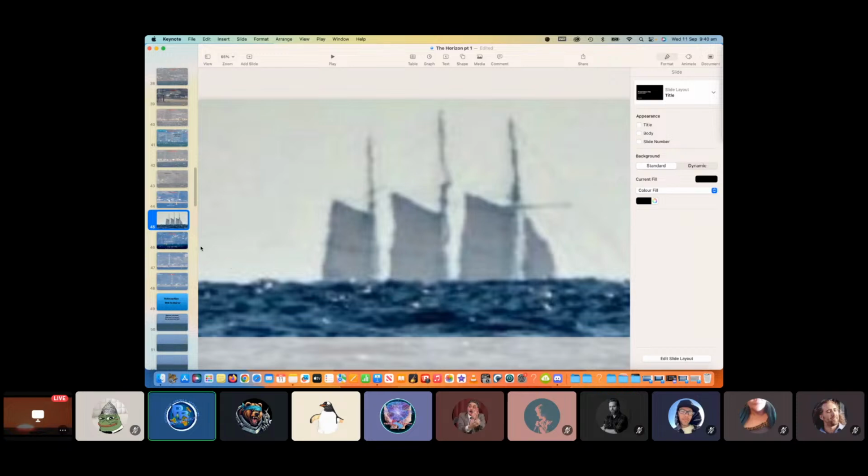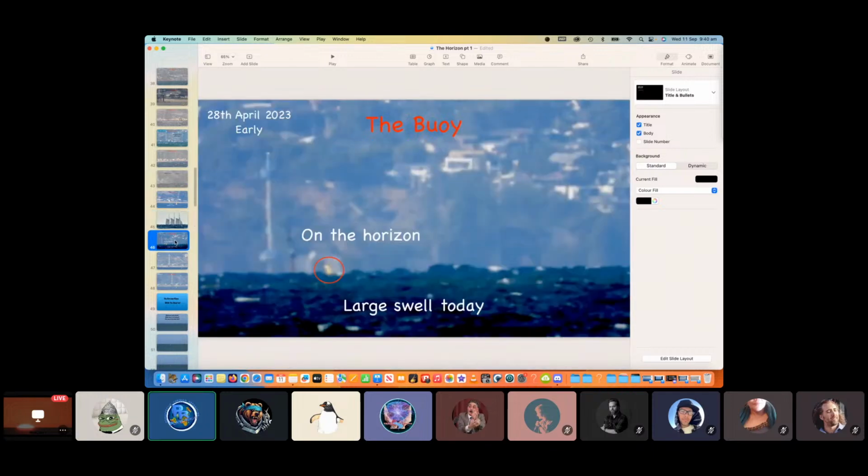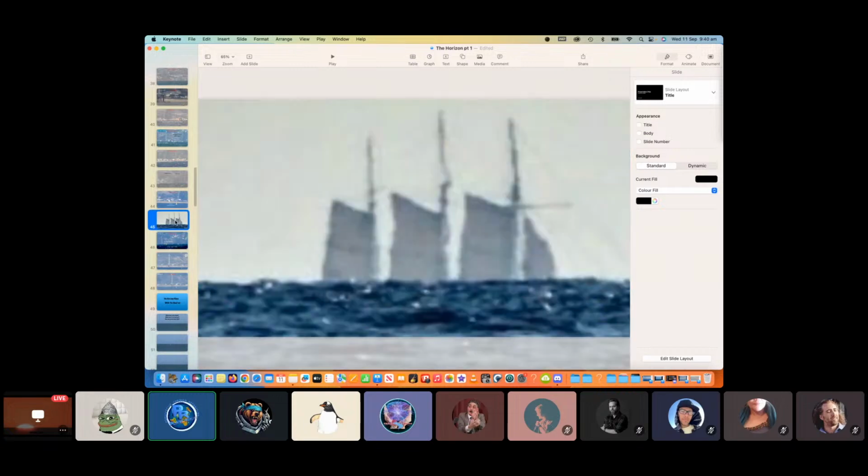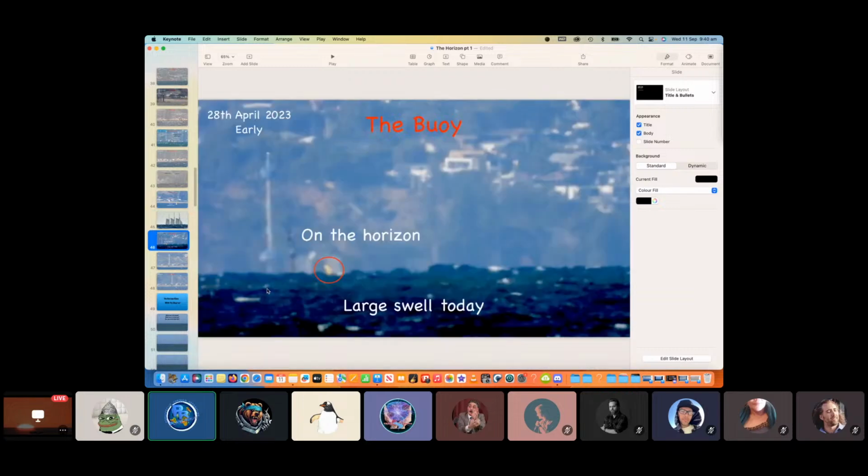So then I was like, okay, what's happening here? If you're going to say that's over the curve because you can't see the bottom of the ship, why can't we see the jetty? Many of them fell for the bait and said, well, it's because it's over the curve, idiot.